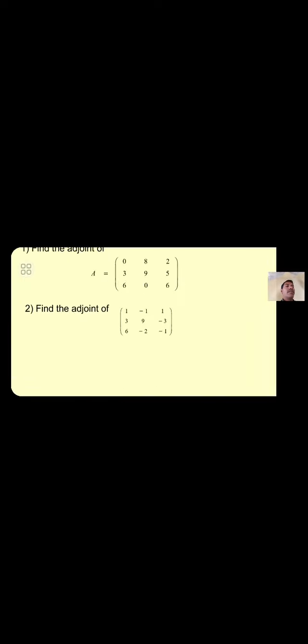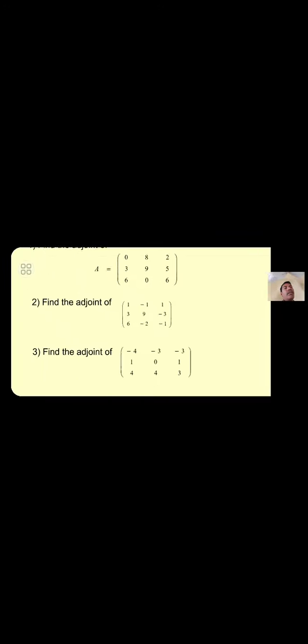Find the adjoint of matrix 1 minus 1 1, 3 9 minus 3, 6 minus 2 minus 1. Find the adjoint of minus 4 minus 3 minus 3, 1 0 1, 4 4 3.